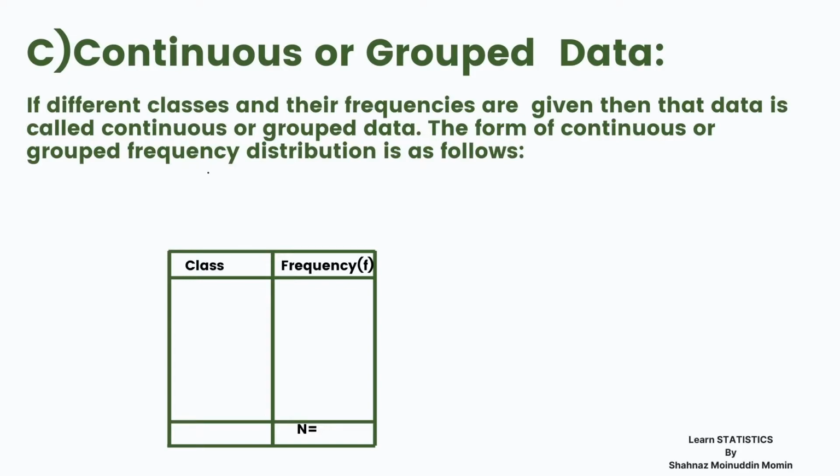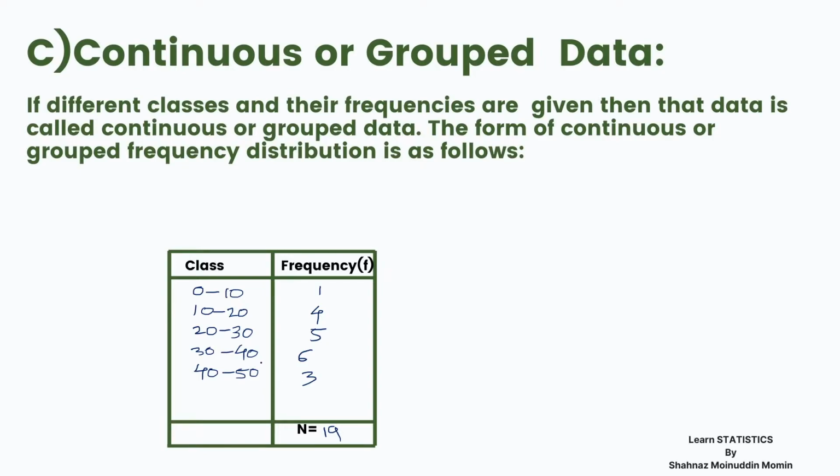Suppose we are given the groups or classes as 0 to 10, 10 to 20, 20 to 30, 30 to 40, 40 to 50, etc. All these are the classes and their corresponding frequencies are say 1, 4, 5, 6, 3, etc. Here n is the total of all these classes, which comes out to be 19.